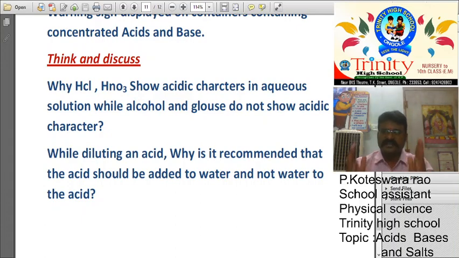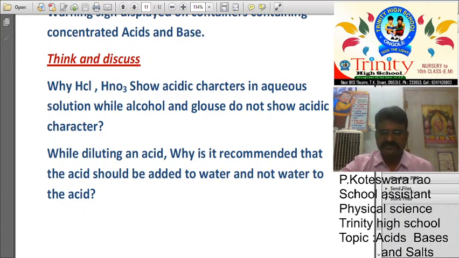Because they can donate H plus ions. Alcohol and glucose do not show acidic character because they do not donate H plus ions. So that is a simple answer. Are you understood?